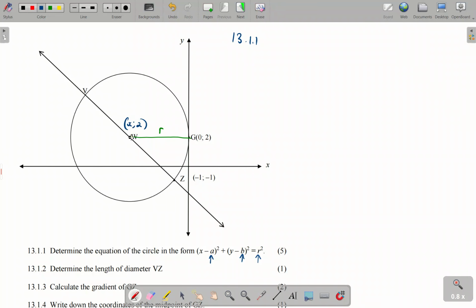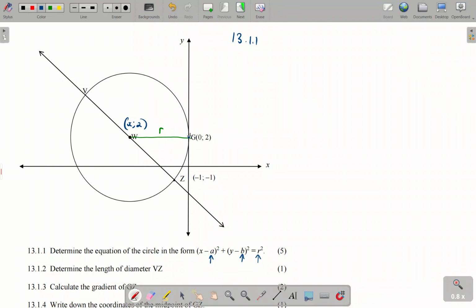Why 2? You can see that whenever you draw a horizontal line like that, the y coordinate, or the y intercept, of the horizontal line that you have drawn will give you the y coordinate at W, because it's just a horizontal line like that.